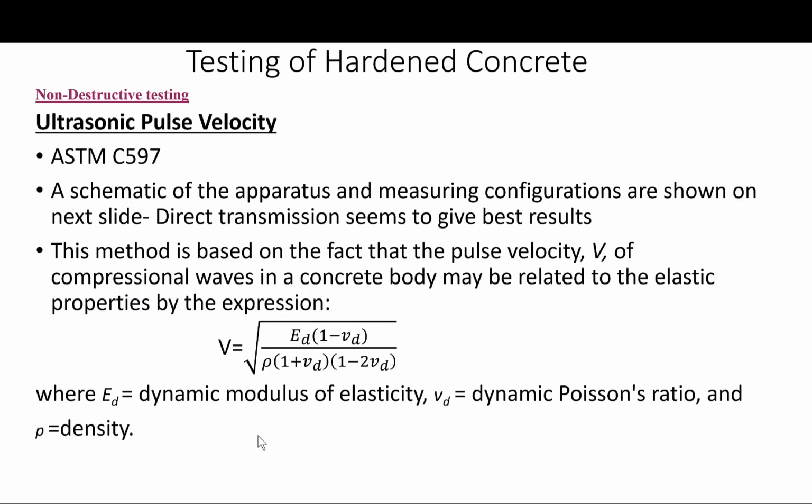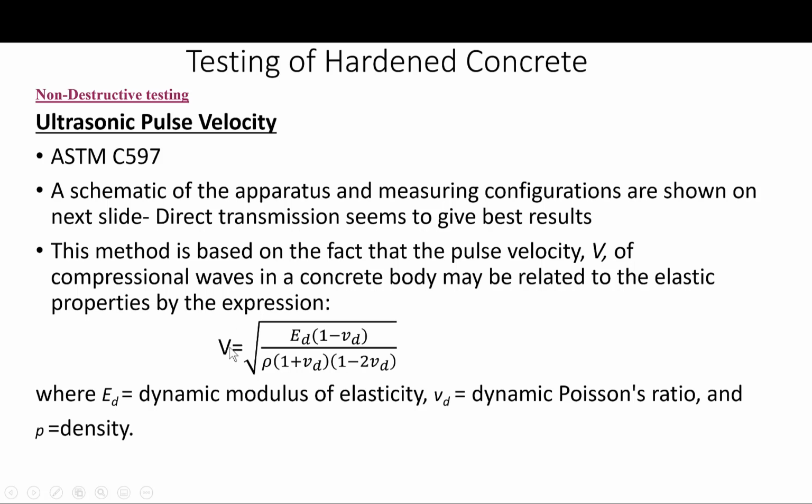Okay, the next topic is the ultrasonic pulse velocity. This method is based on the fact that the pulse velocity V of a compressional wave in a concrete body may be related to the elastic properties by this expression right here.